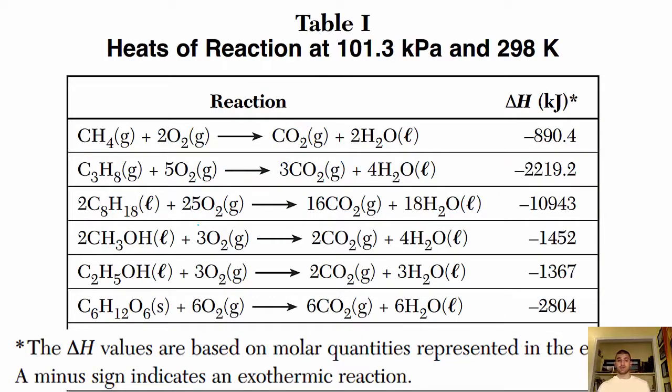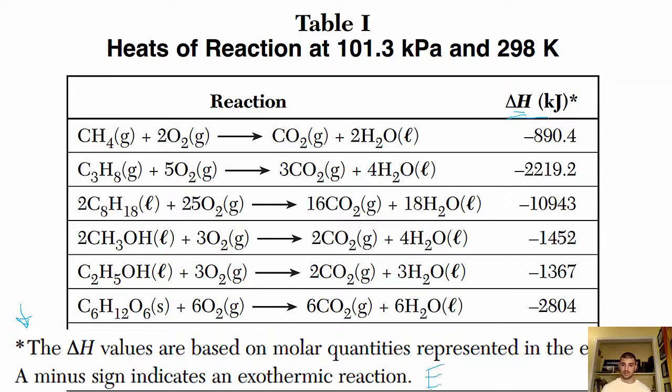Now, table I has a bunch of different chemical reactions, and it lists the delta H for each of these reactions right here. If you look at the very bottom, you may forget which one's endothermic and which one's exothermic. At the very bottom of that table, it tells you. It says the delta H values are based on molar quantities represented in equations. A minus sign indicates exothermic.